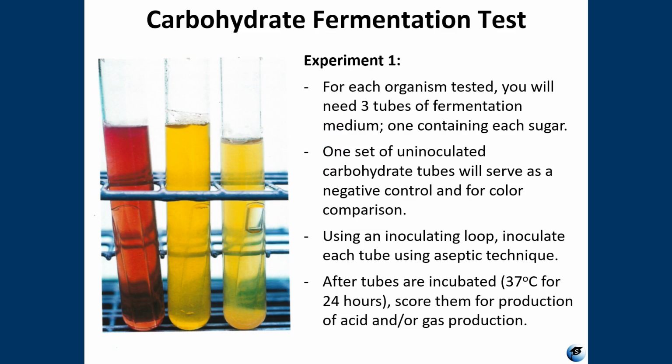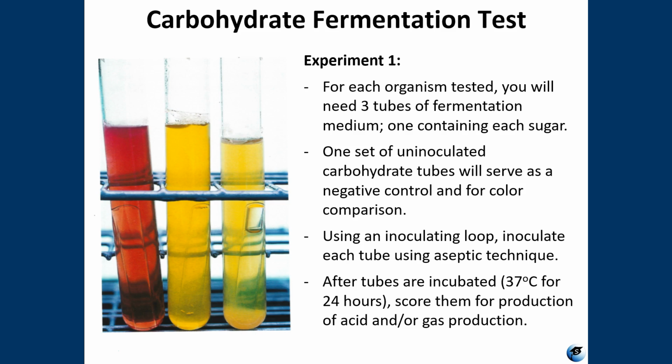And for this example, let's just go through this one. The tube on the left demonstrates a negative fermentation reaction. The broth has a high pH. There's no gas in the Durham tube. Okay. The tube in the middle is actually showing fermentation. This is a positive fermentation test, and it's positive because of the color change.